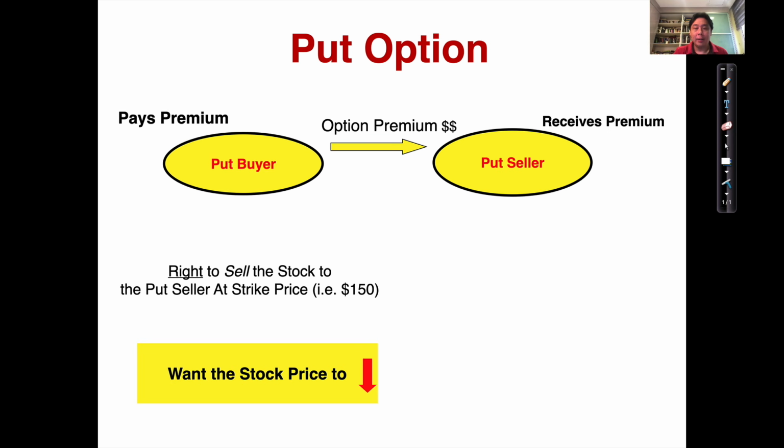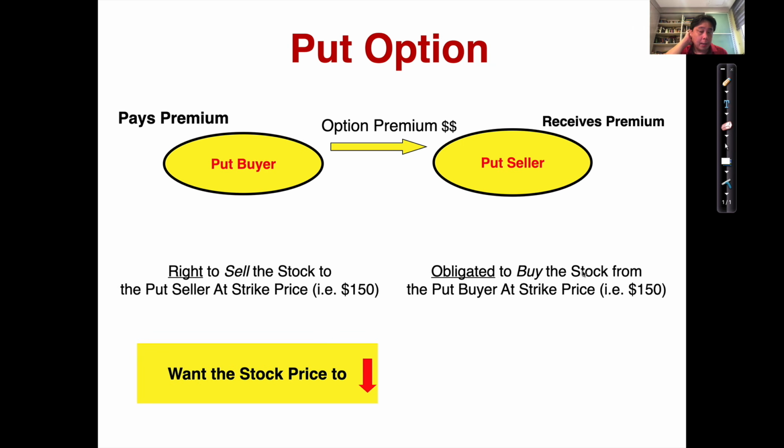Remember that? Okay. Now, the person who sells the put, why does he want to sell the put? Because every time you sell an option, you collect premium. So the put seller collects premium. But in receiving the premium, the put seller is now obligated. He's obligated to buy 100 shares of the stock from the put buyer at the agreed upon strike price, which in this case is 150.